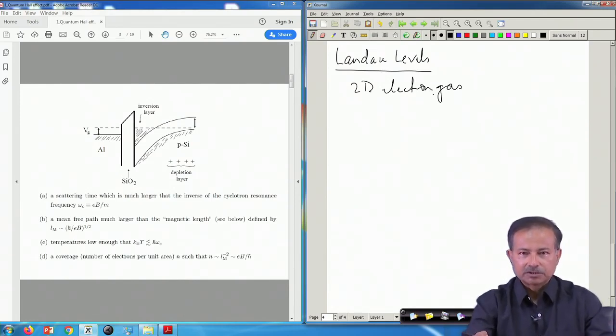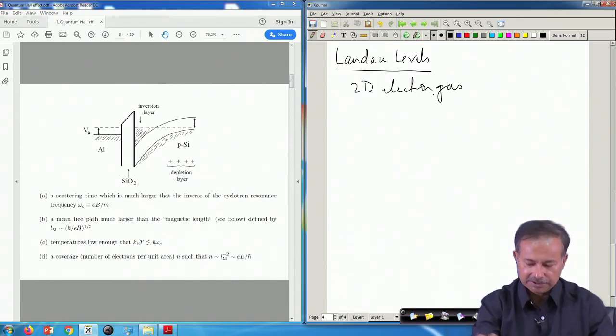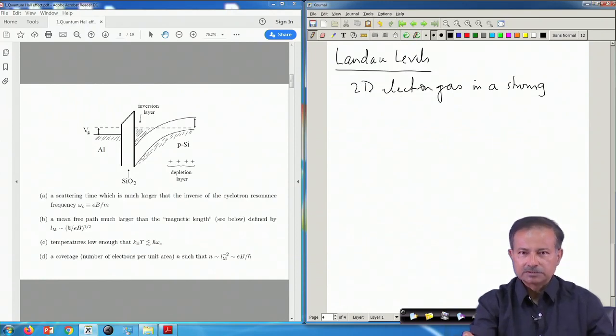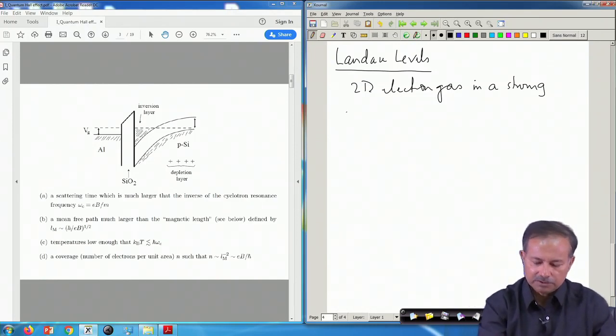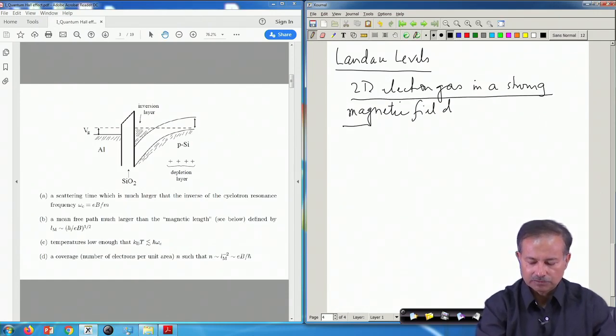That means it is confined in one direction, which is Z here for us, an electron gas in a strong magnetic field. Strong is required for the experiment, but the Landau problem you can do in any magnetic field. So, that is the problem that one needs to solve now.